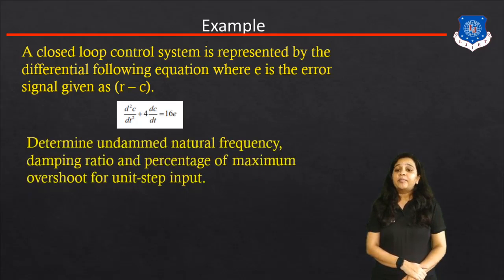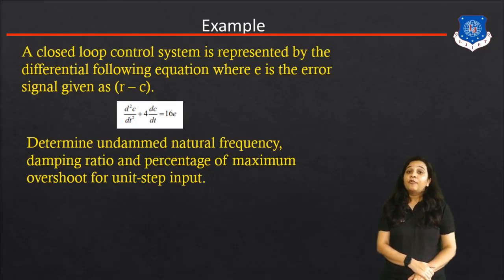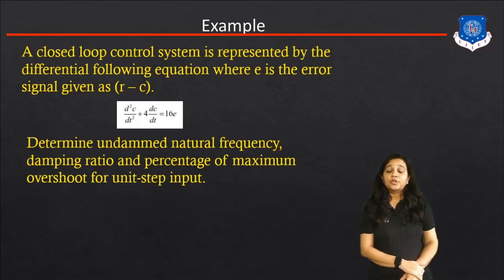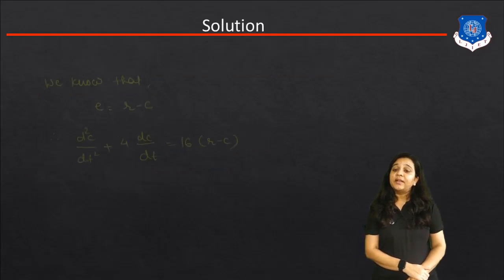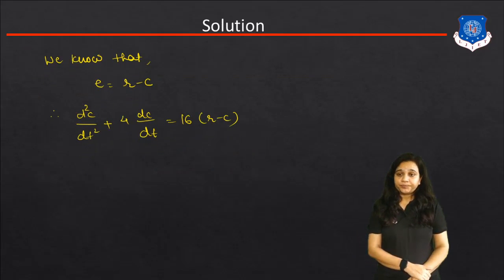Determine the undamped natural frequency, that is omega n, damping ratio, that is zeta, and percentage of maximum overshoot for the unit step input. So we can find out the value of omega n, zeta, and percentage of Mp for the unit step input.